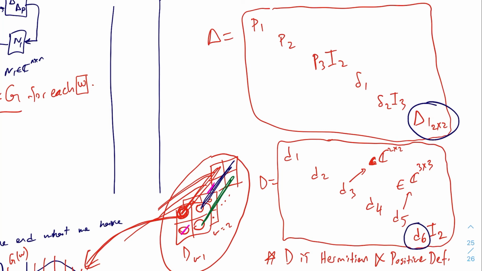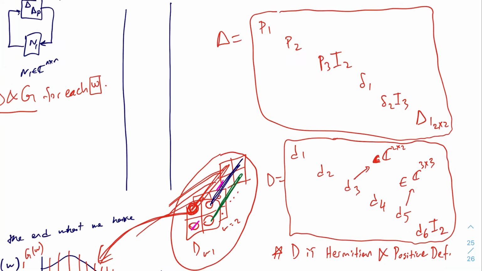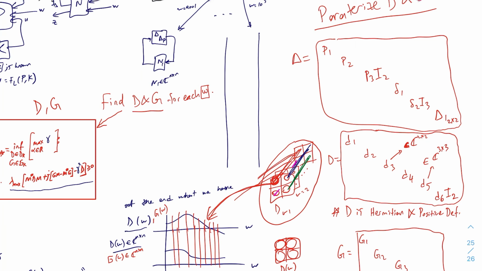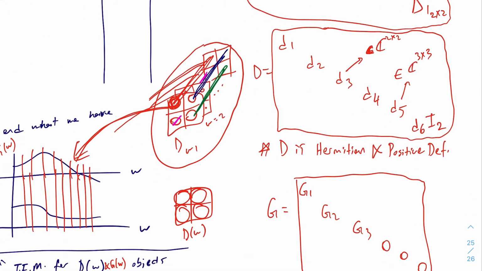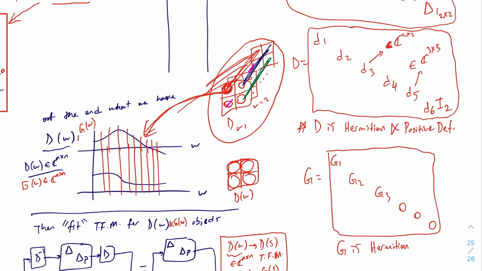And this is some scalar times identity, such that it's 2 by 2. And again, D is Hermitian and positive definite. For example, D1 is a scalar and it needs to be Hermitian, so it's real.